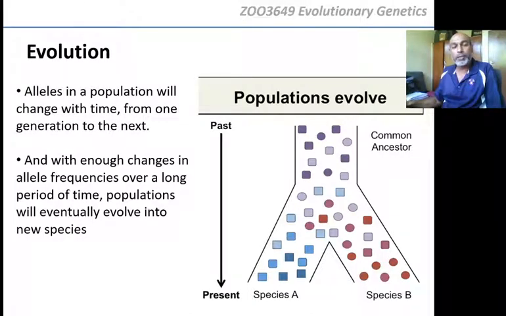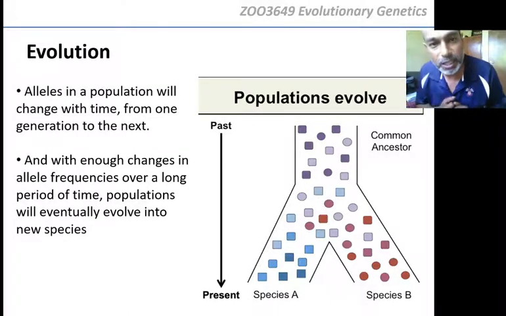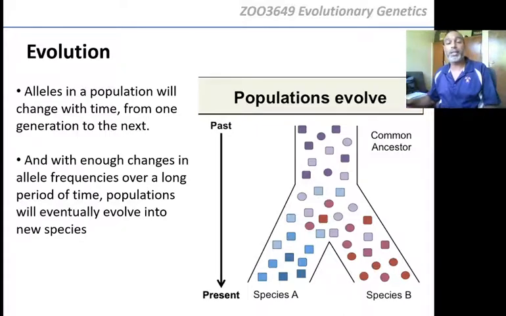All right, so just to give you an idea in this last slide of how a population evolves from one generation to the next. Look at this diagram here, okay? Look where it says past and where it says present. Present is now. Now we've got these two species, species A and species B. But in the past, they never used to be two species, right? In the past, there used to be one species here during the time of the common ancestor of these two.